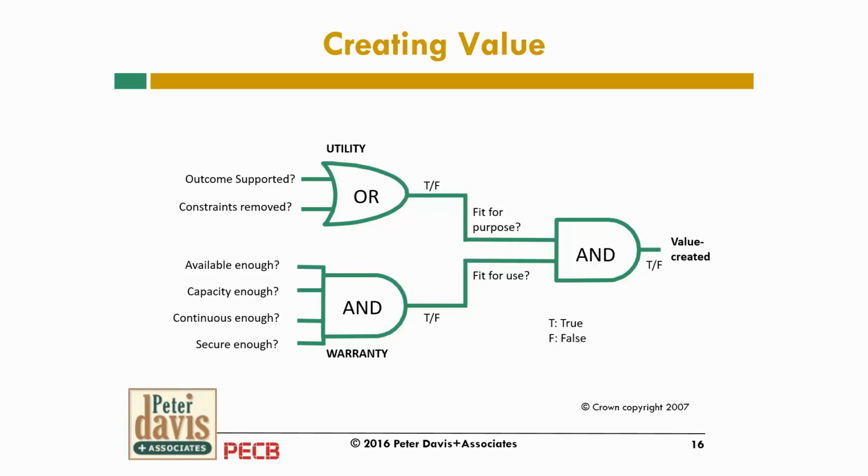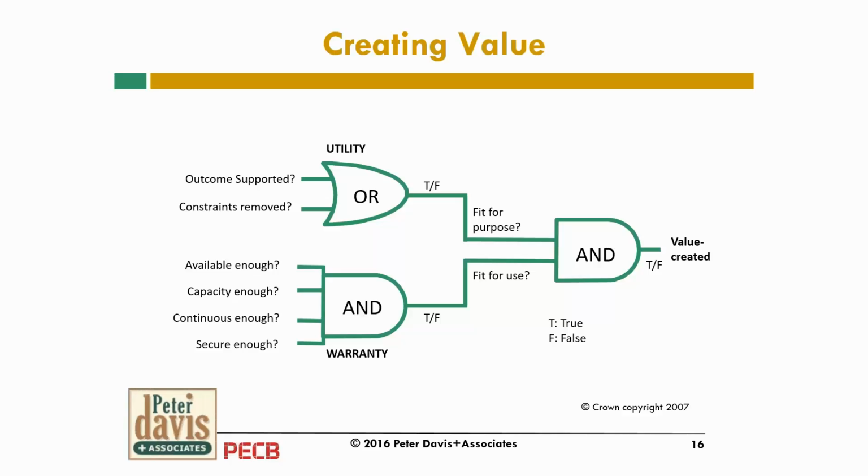It can be either or, and if it's one of those two, then it becomes fit for purpose. With the warranty, though, we want to make sure there's enough capacity, it's continuously available, and that it's secure enough, and for that it has to be and. If we have all those things, then we can warrant it, and then it's fit for use.